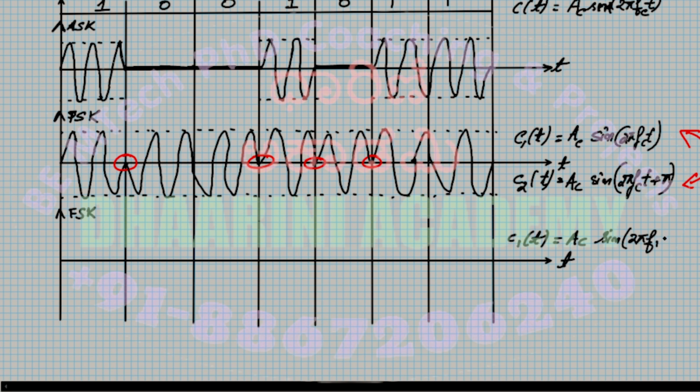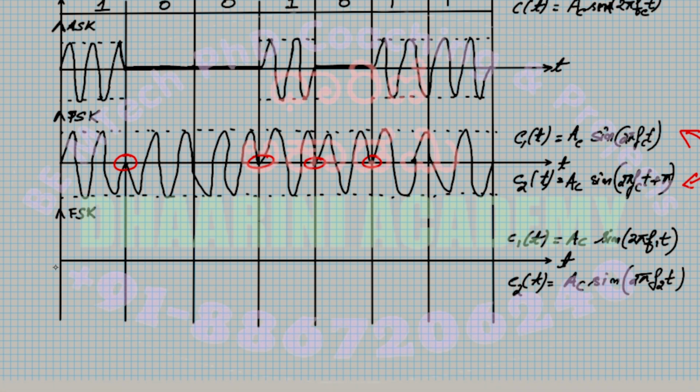But now I'm changing this F1T, okay? And the second carrier C2 of T will be equal to same amplitude, no change in the amplitude, right? Into sine of 2 pi F2 T. You see F1 and F2 frequencies are changed. I hope this is clear, correct?